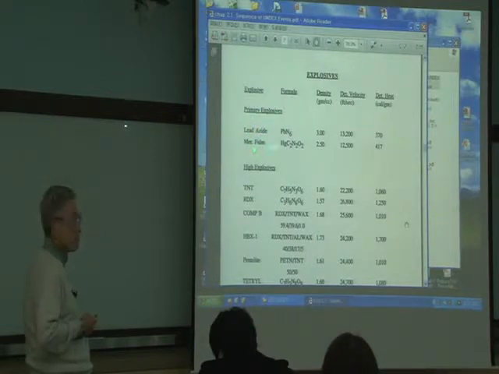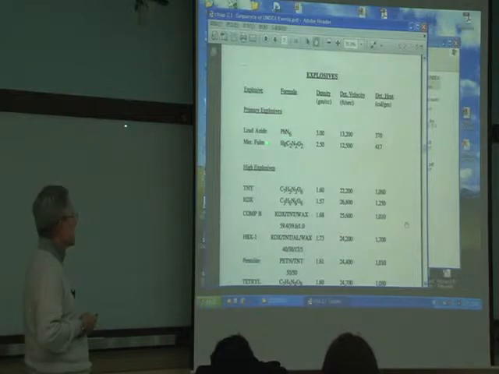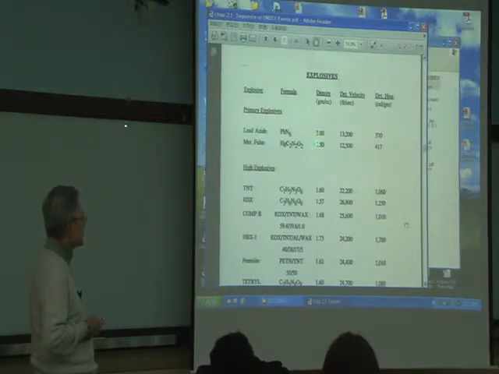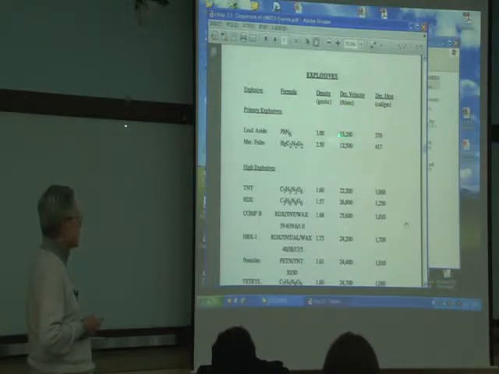This is most popular: lead azide, mercury fulminate. And as you look at it, this density is about 3 to 2.5, and the detonation velocity is about 13,200 feet per second. Detonation heat is about 370 to 400 calories per gram mass.